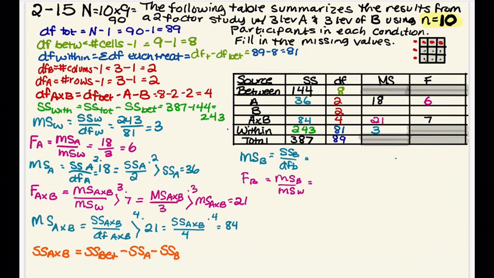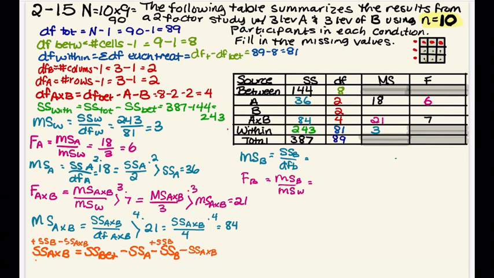Since we know all of our sum of square deviations except for the one for factor B, we can move our formula around a little bit to solve for the sum of square deviations for factor B. We'll add SSB to each side and subtract the sum of square deviations for the interaction.